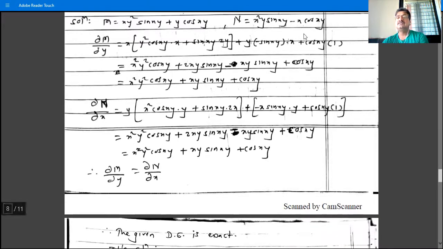So the derivative of x, and the derivative of cos(xy) is minus sin(xy) into the derivative of xy, which is y with respect to x, plus v, meaning cos(xy).